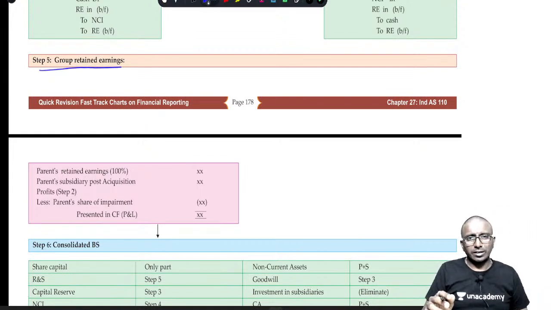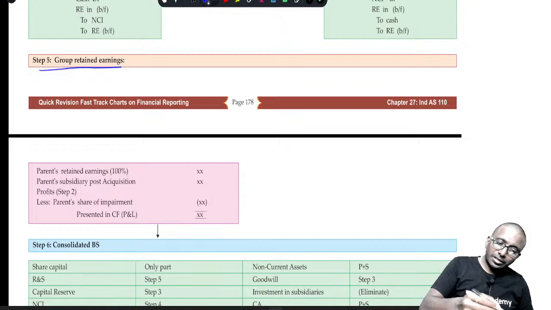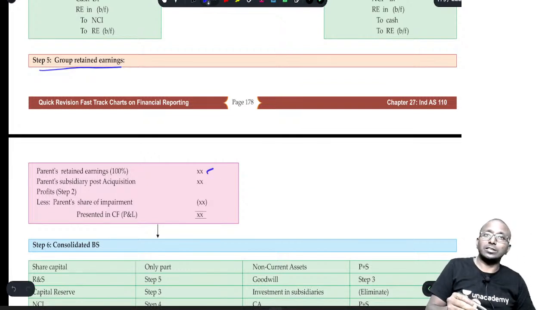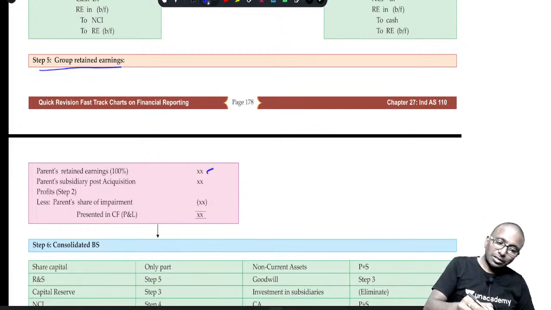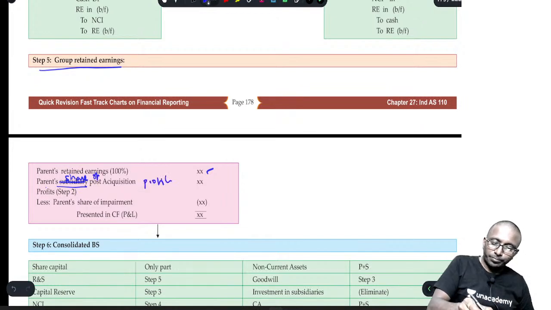Group retained earnings means the parent company's retained earnings, that is, the parent company's own profits plus the parent's share of post-acquisition profits. Yes, that number also will be taken.